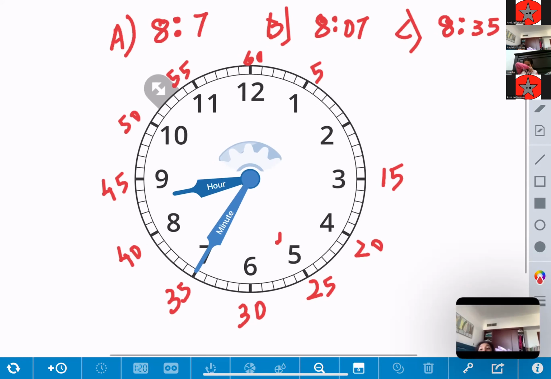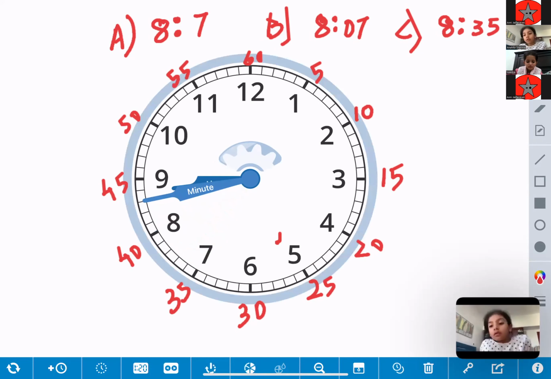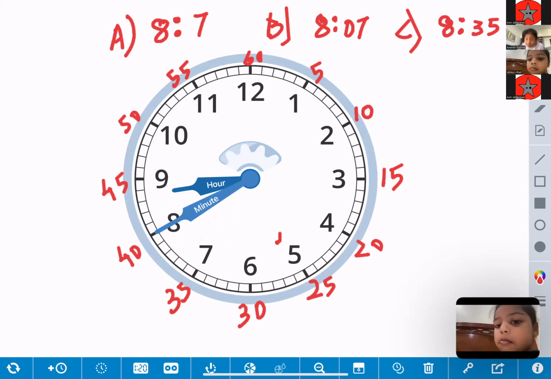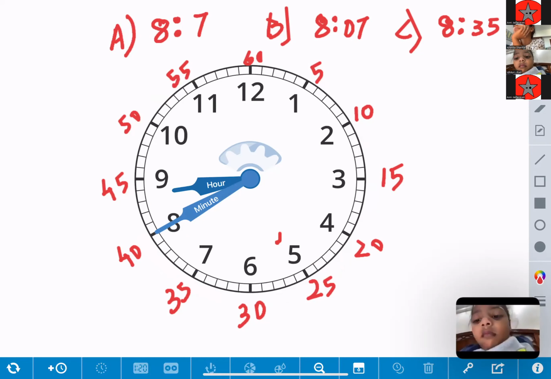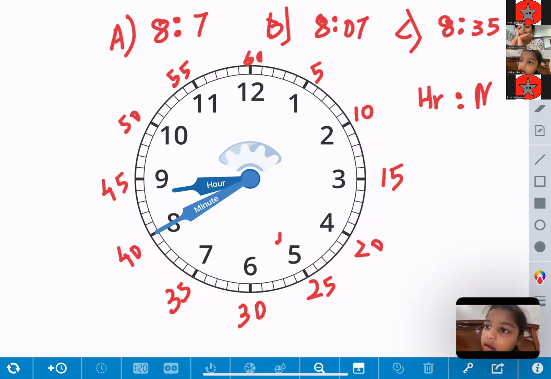Now let's try with the help of these notations that I have given and then we will end our class. This is the last topic, just a revision. In the chat box everybody has to type the answer. What is the time in digital format? Which means I'm going to write the hour hand's value and then the minute hand's value.